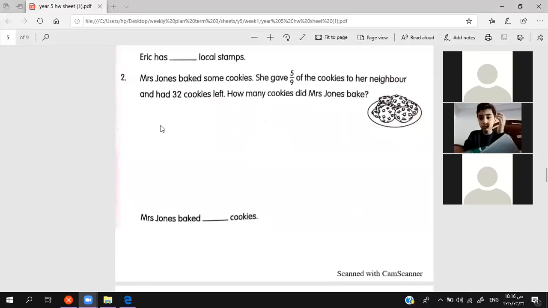If she gave 5 from 9, the left will definitely be 4 parts, because they are all 9 parts. So the left is 4/9. So I know that the left 4/9 is 32 cookies. These are the cookies left.